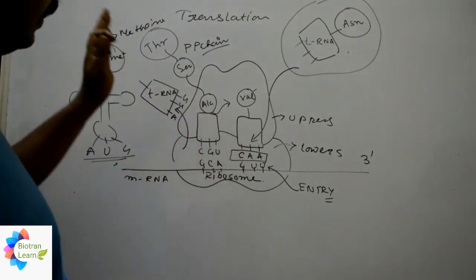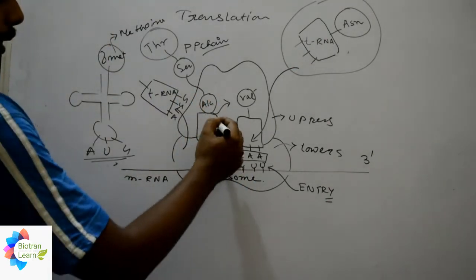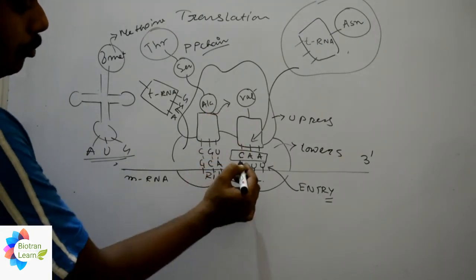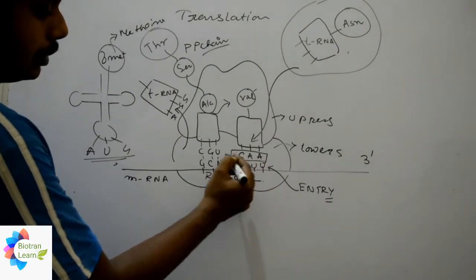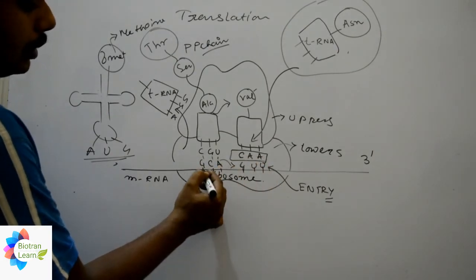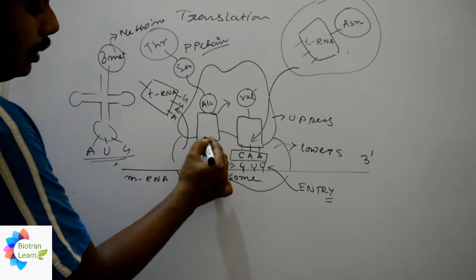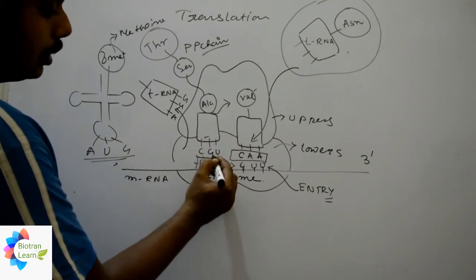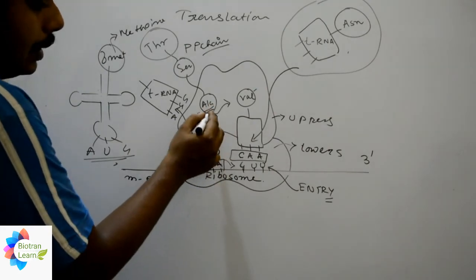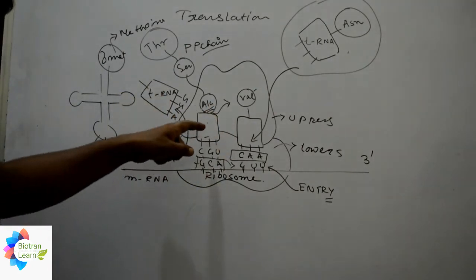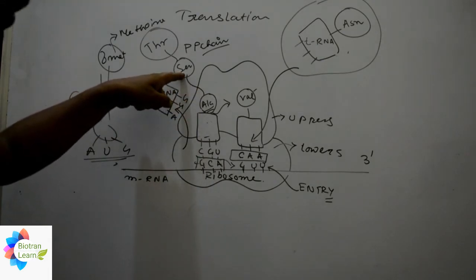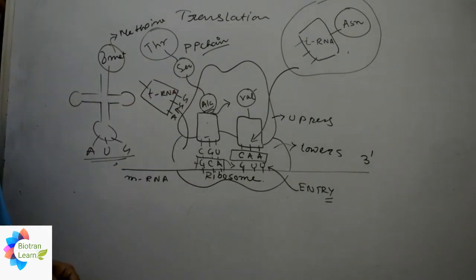From the exit side, it will find another codon which was previously in this place, and this second codon structure will bring alanine, which is previously bonded by a peptidation reaction with serine. So how does it take place?